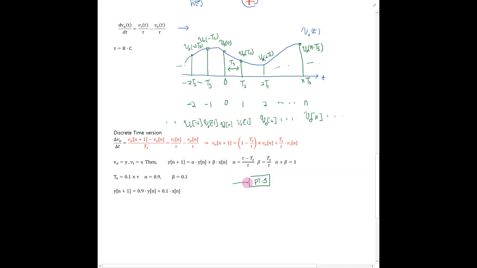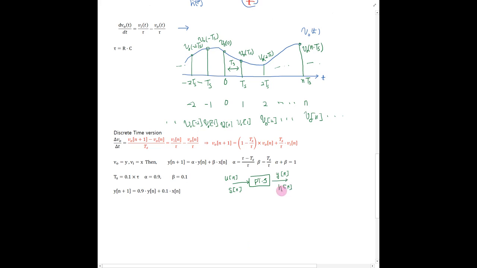We would like to know, when a unit step sequence is applied to the input, what the output sequence will be. This is the step response. For the impulse response, if a unit impulse sequence is applied, then the output will be this one.